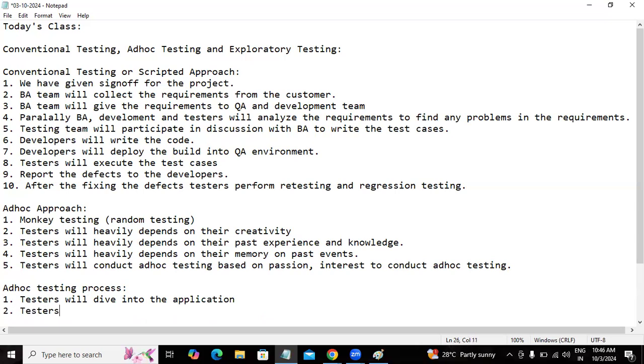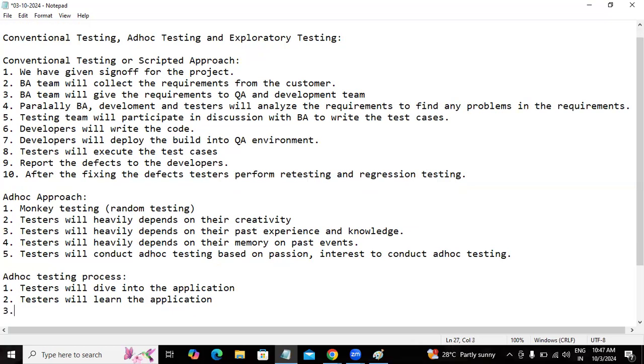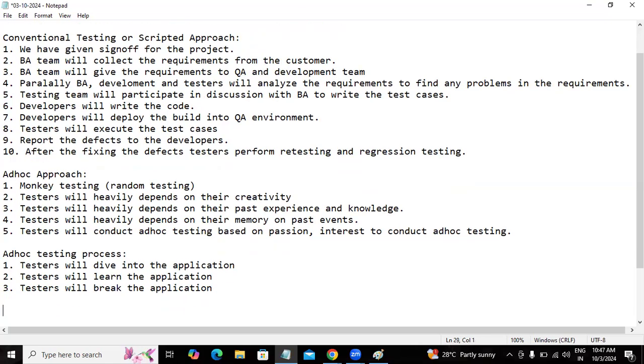Testers will learn the application. Testers will break the application. Break is nothing but finding the defects. Don't think break is something else. Break is nothing but finding defects in the application.